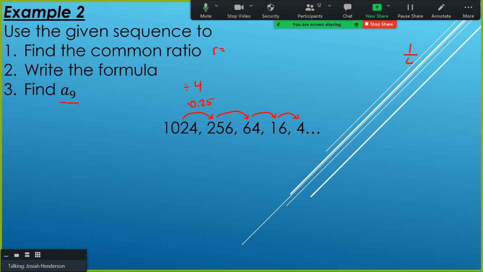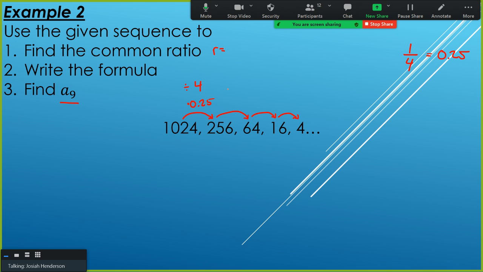If I divide by 4, 1 over 4, anything divided by 4, that's the same thing as, when you put that in your calculator, 0.25. So you could think of it as multiplying by the fraction 1 over 4.